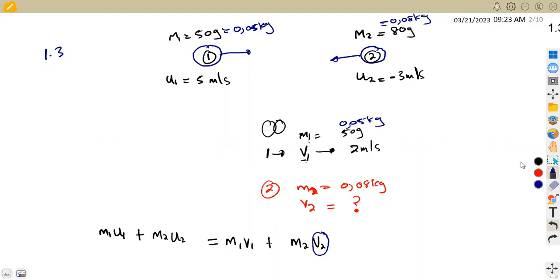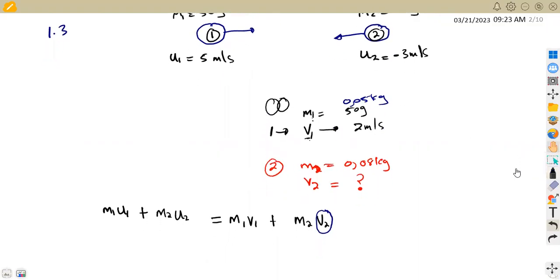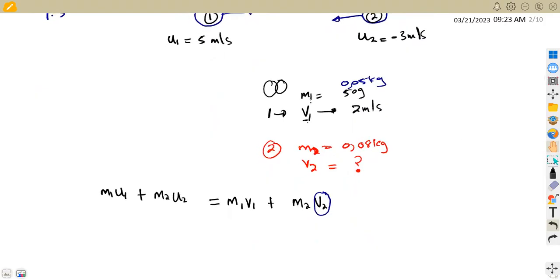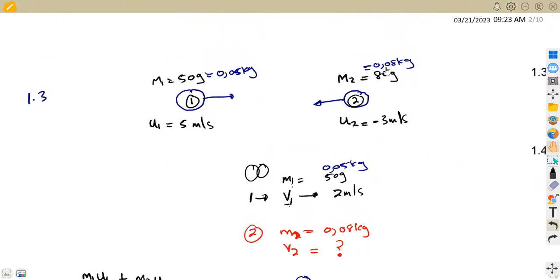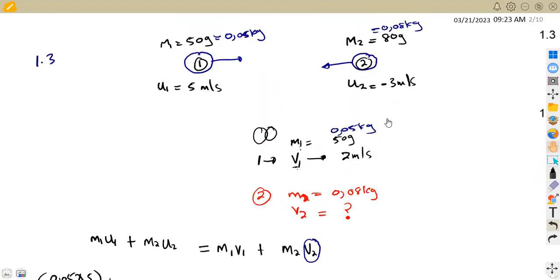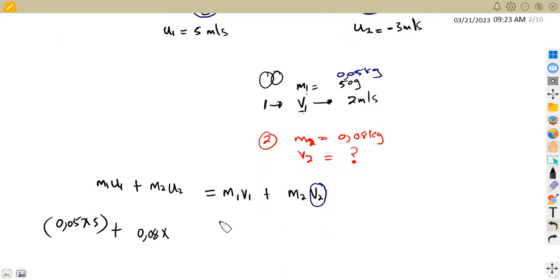Using kgs, M1 is 0.05, times U1, the initial velocity of 5, plus M2, 0.08 kgs, times U2, the initial velocity, which is -3. Remember, it's opposing, which is why it carries a negative.